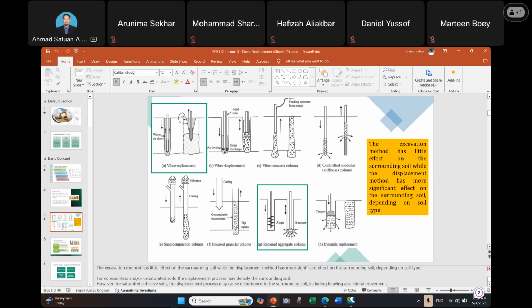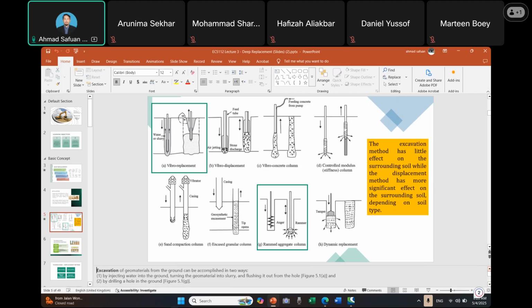What would be the disadvantages and advantages of the excavation or displacement methods?